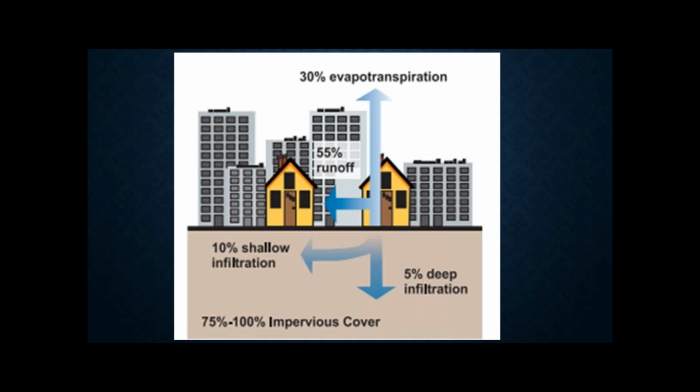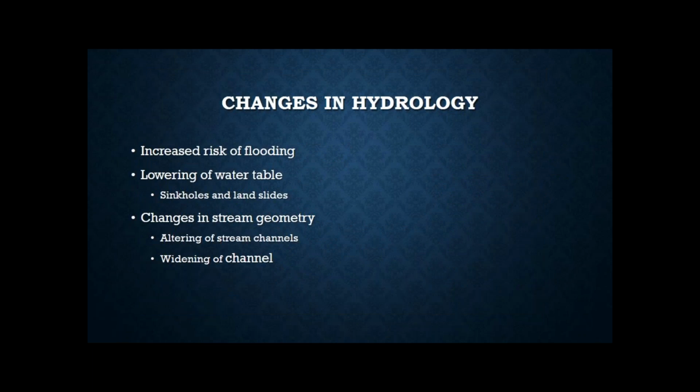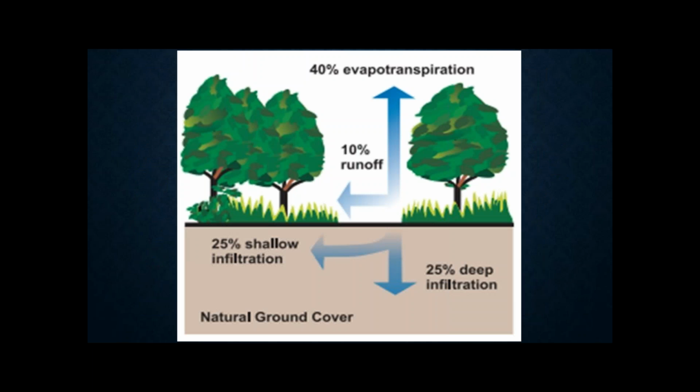If you were listening earlier, I mentioned that the difference is because on non-pervious surfaces, which is the city area, runoff actually occurs a lot faster because the water has nowhere to go. Here, there's a slow drainage, so water actually sits in the area a lot longer. So this area right here would be our puddle, hypothetically speaking.